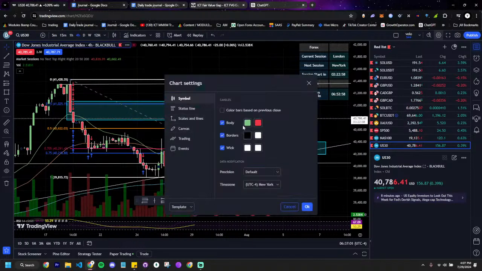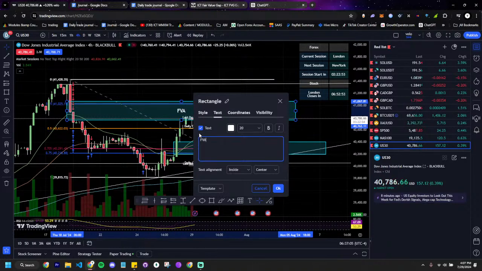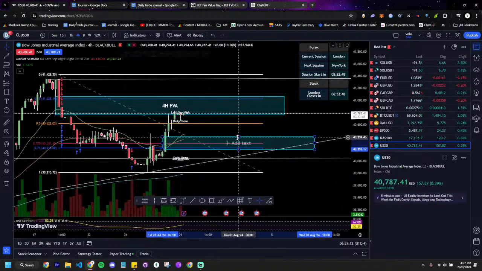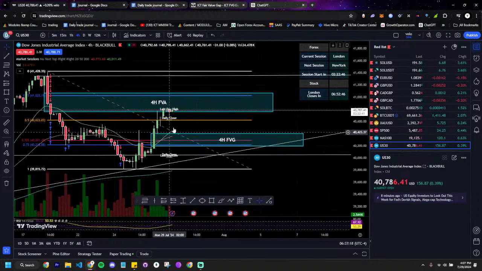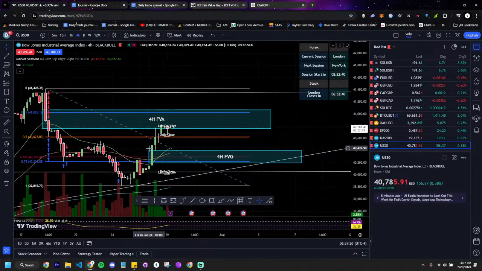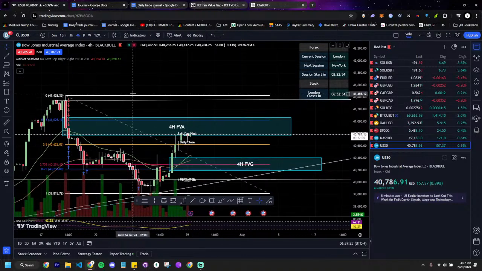So let me just, to not make this confusing, call it FVA, 4 hour FVA. Apart from that, we have a 4 hour fair value gap right here as well, 4 hour fair value gap over here. This right here is the 4 hour fair value gap that seems to be using it as support, and then we're going to retrace towards buy side liquidity.